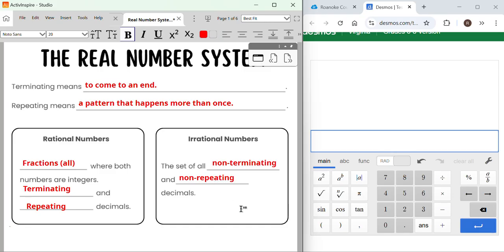So irrational numbers are a set of numbers where the decimals never terminate, they keep going forever, they never form a pattern, and they never repeat. Okay, so we're going to start there, and then we're going to go on and give you some more specific examples.